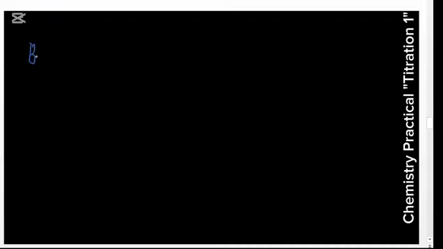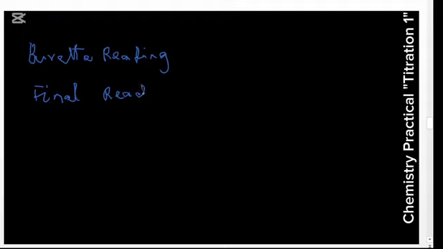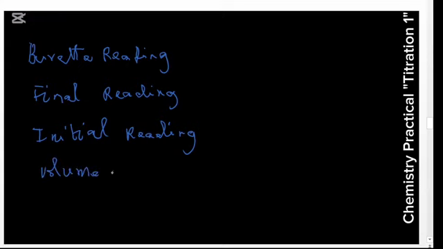We have burette reading, we have final reading, we have initial reading, then you have volume of A used. Now we can plot this like this.